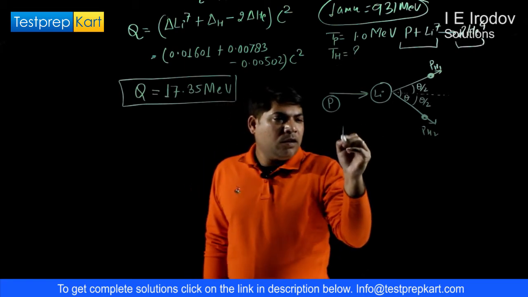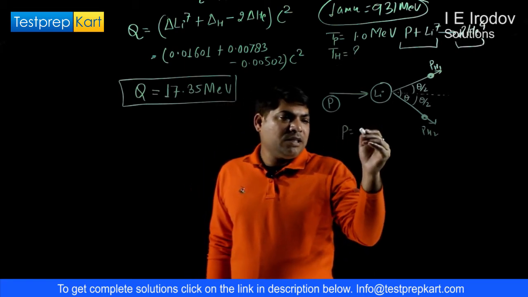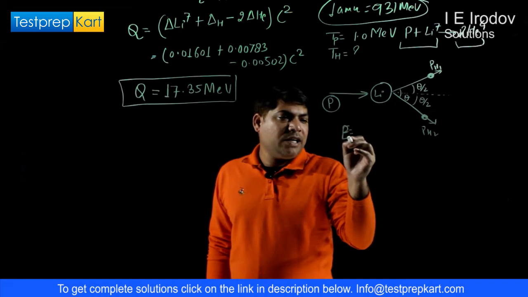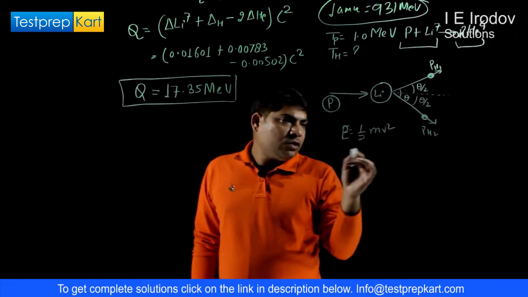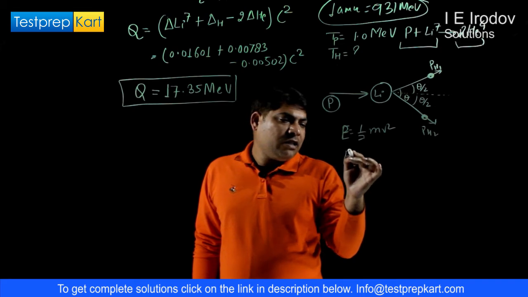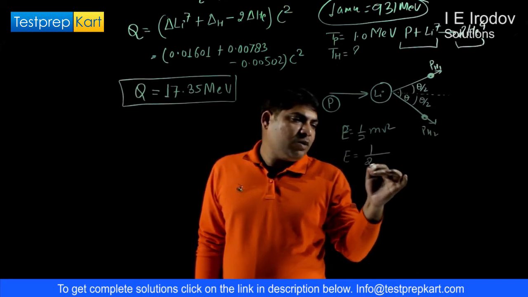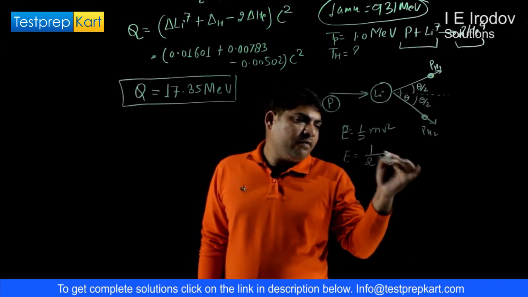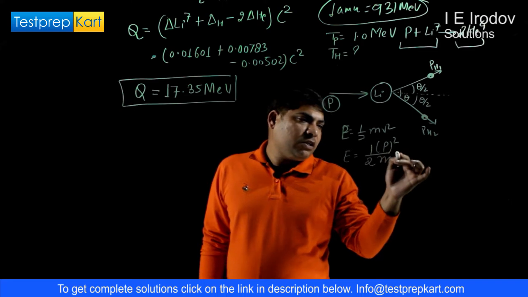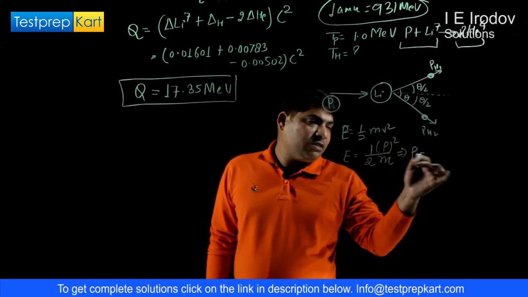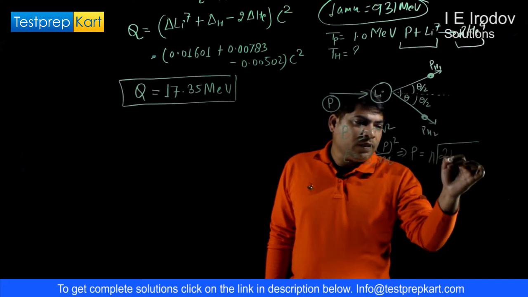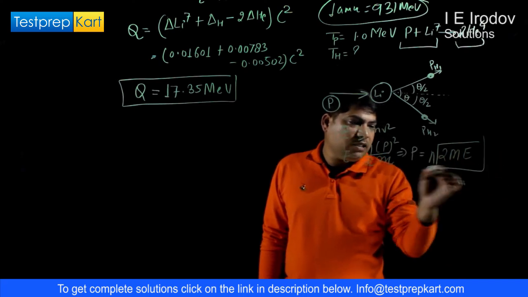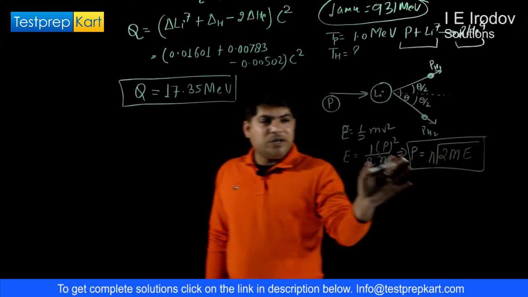In terms of energy, energy is equal to half mv square, so energy equals 1 over 2m into momentum square. So momentum can be represented for any particle as the square root of 2 into mass into energy.